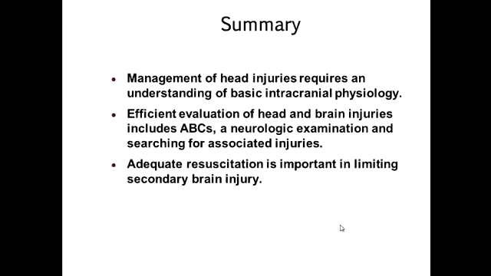So in summary, we manage head injury patients after understanding basic intracranial physiologic parameters. And we evaluate these patients optimizing their airway, breathing, and circulation, as we do for all trauma patients. We search for associated injuries, and we adequately resuscitate these patients, which is important in limiting secondary brain injury.